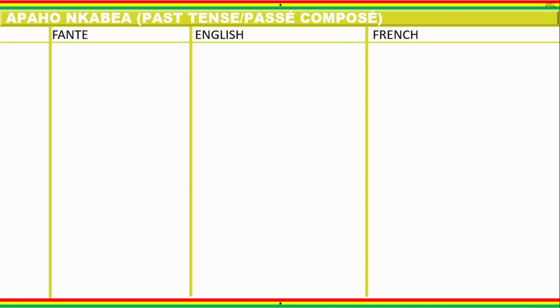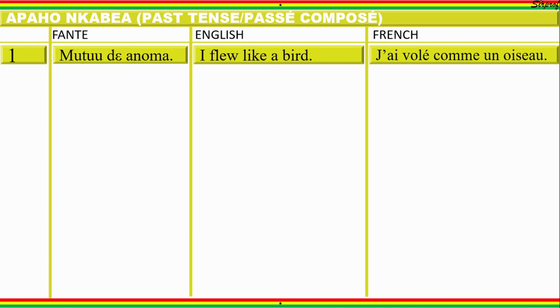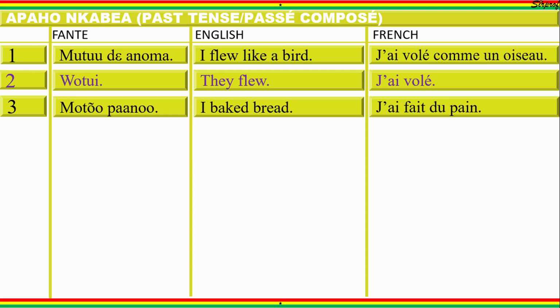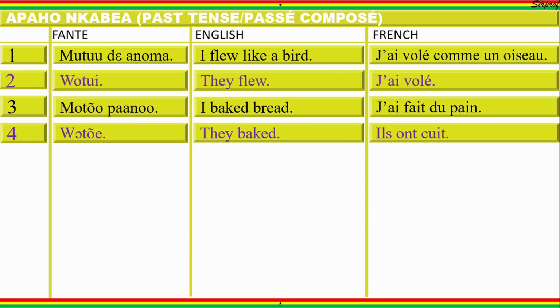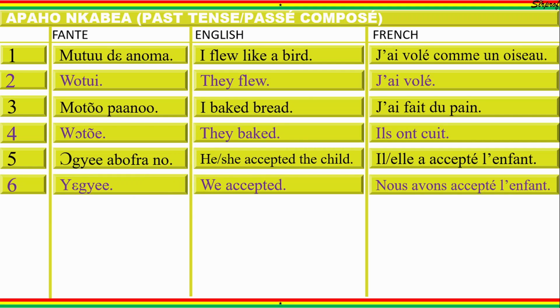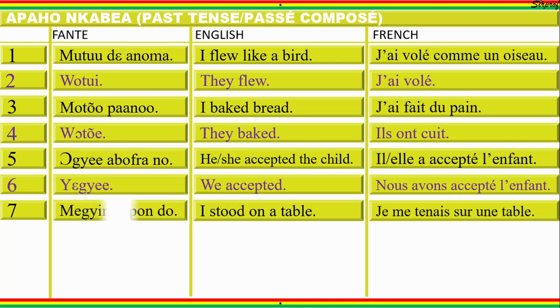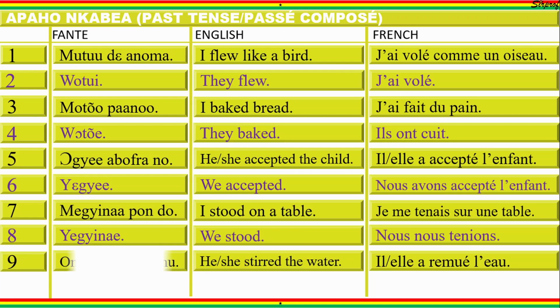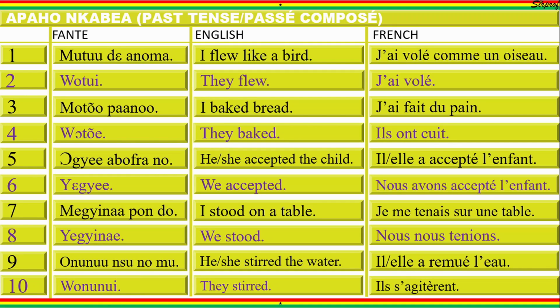Now let's take some more examples. Mutu de anoma. Utui. Mutun pan. Wotoin. Oje abufran. Yaje. Mijina pondo. Yejinai. Onunu nsunumu. Wonunui.